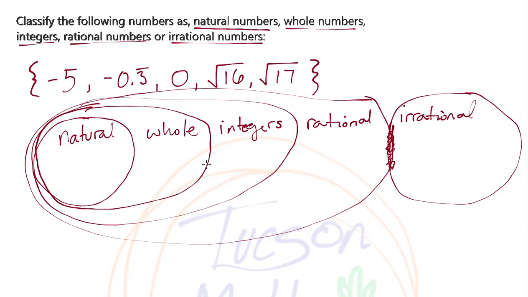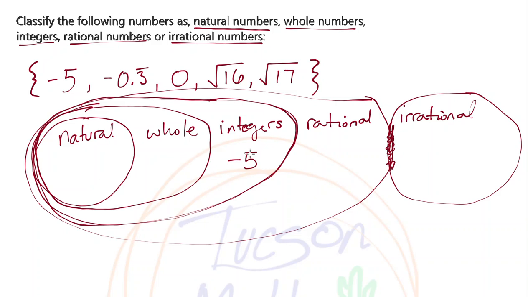I'll show you how that works. Let's start with the first one, -5. Now I think you can see that that's an integer, because the big deal with integers is that they have negative numbers. So -5 is definitely an integer. So it's in this integer circle. All right, but it's not inside the whole number circle, because whole numbers, remember, are all positive or 0, and natural numbers are all positive.